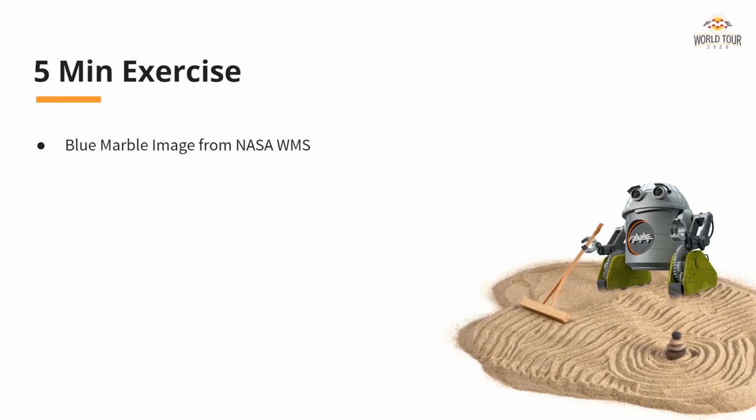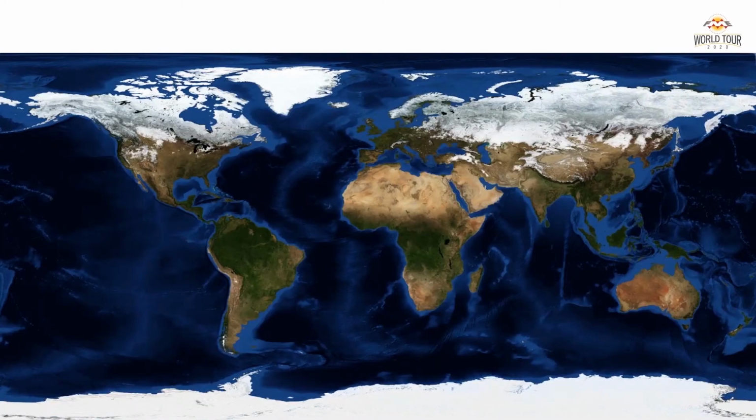So let's think about a way we can make good-looking world maps. Let's start by taking in the Blue Marble image from NASA WMS, which is a super simple WMS reader in FME, and it will give us something like this. It's looking pretty good.